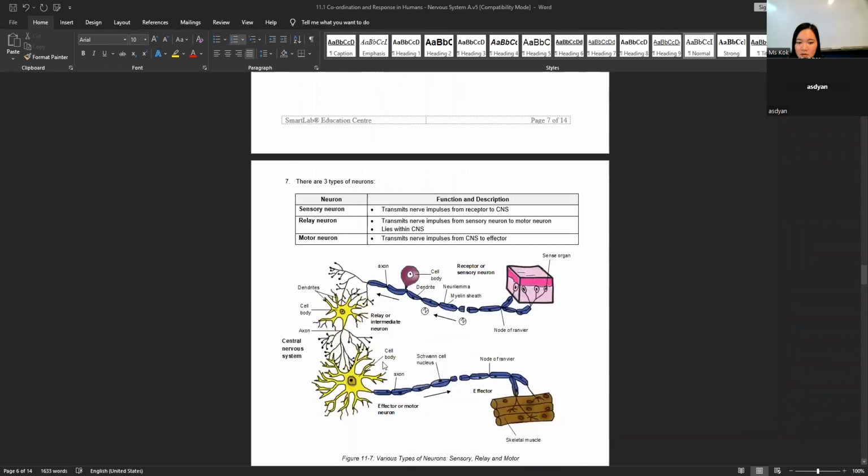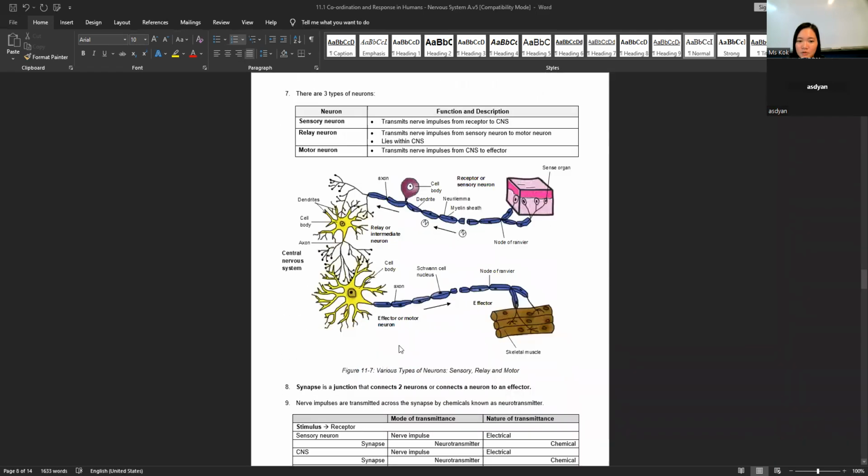Okay. There are three types of neuron. We have the sensory neuron, relay neuron, and motor neuron. So here you can see this one is the sensory neuron. Basically the stimulus will come in like this.